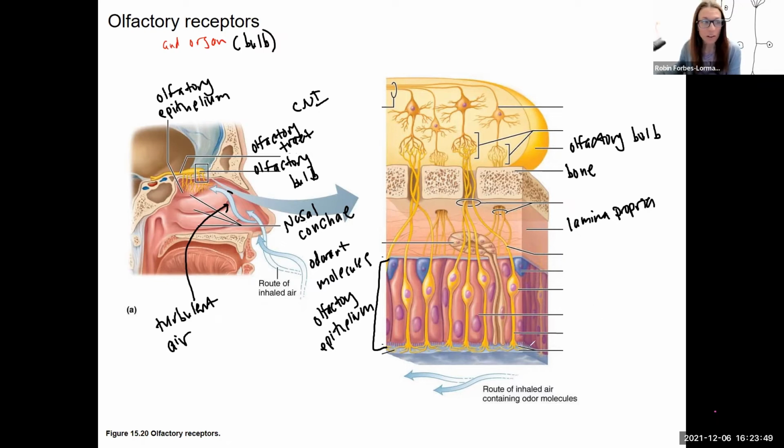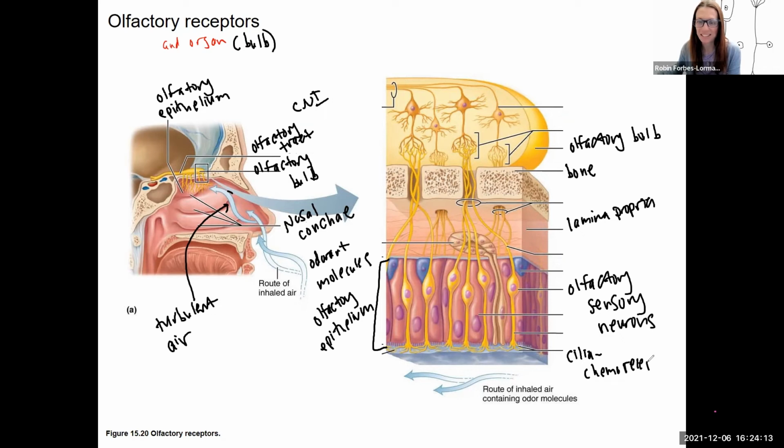So there are olfactory sensory neurons. That's important. What can these neurons detect? Chemicals, odorants. These are actually cilia here that are going to have chemoreceptors.